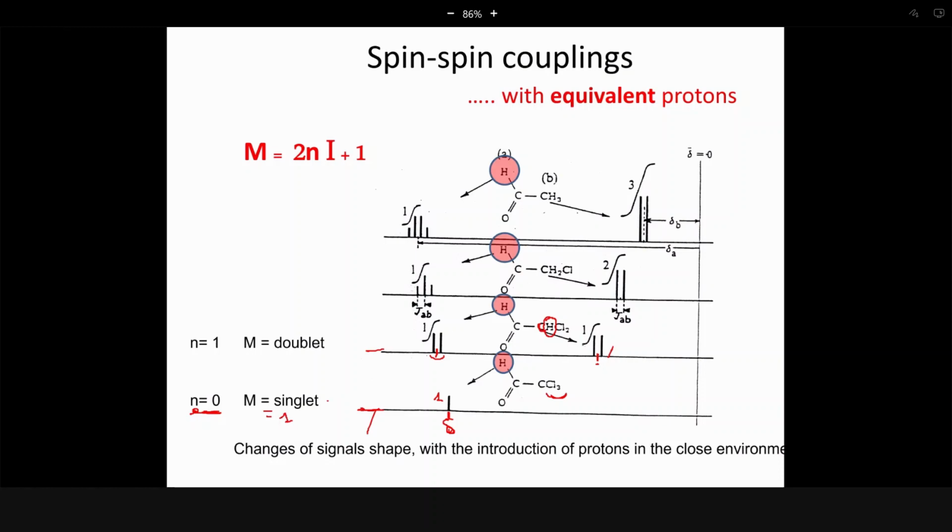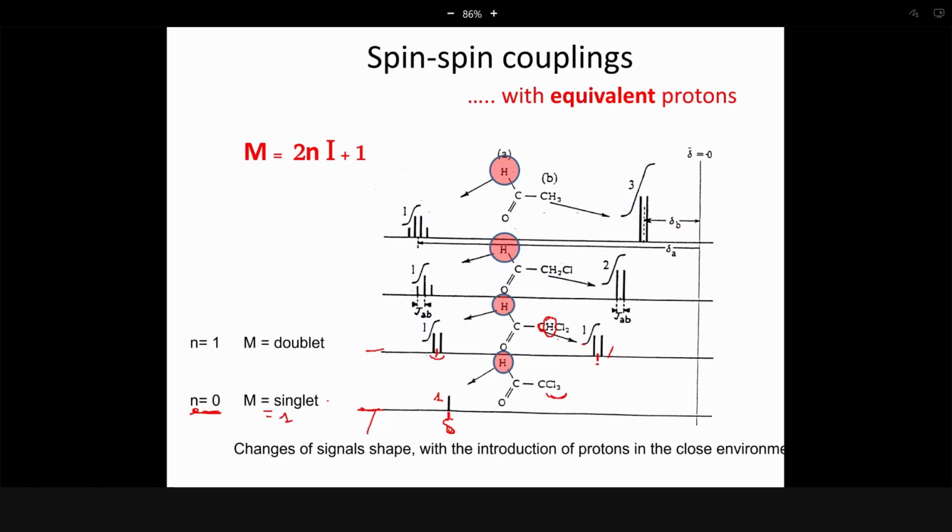The integration gives me the same value for each signal, so I have the same number of protons in each of them. And as I say, the aldehyde group is closely related to these new protons.